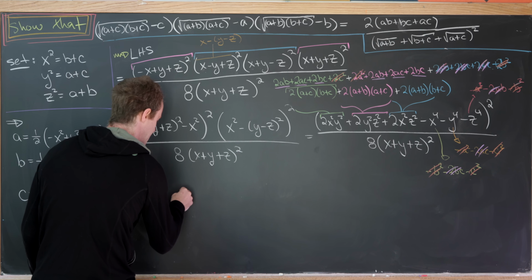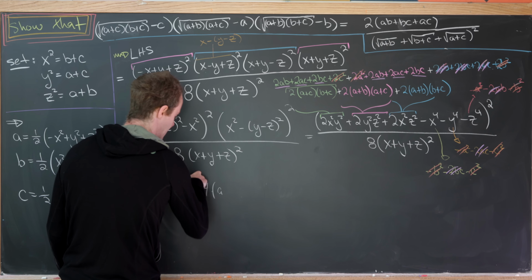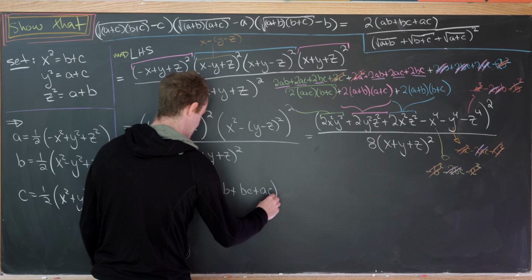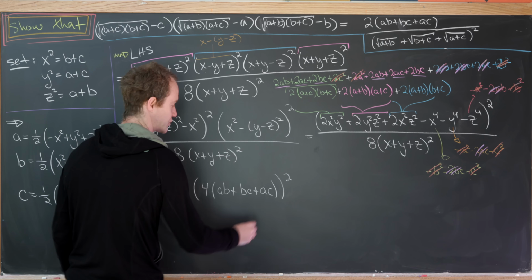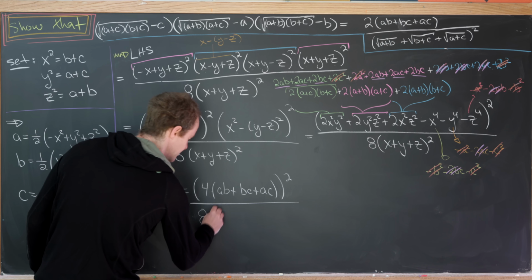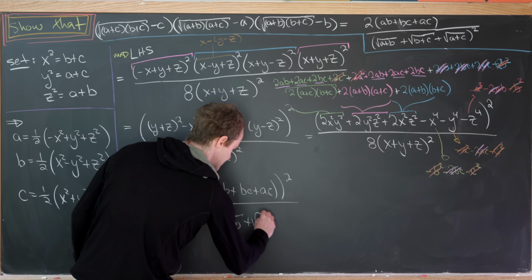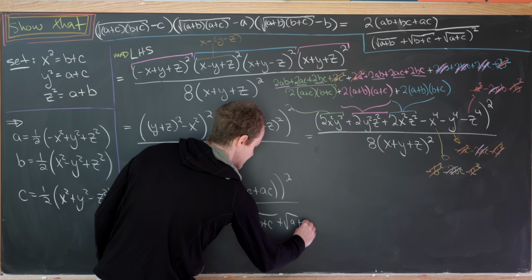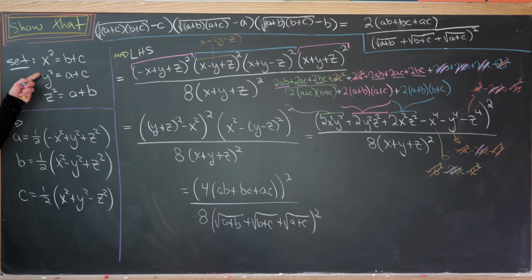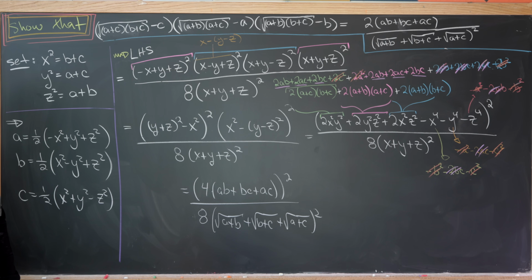So writing that down, we will have 4 times the quantity ab plus bc plus ac, and then that is all squared, and then this is all over 8 times the square root of a plus b plus the square root of b plus c plus the square root of a plus c, all squared, after making our substitutions for x, y, and z. I reordered them a little bit just to make it look a little friendlier.